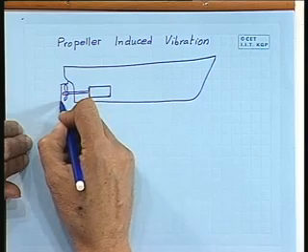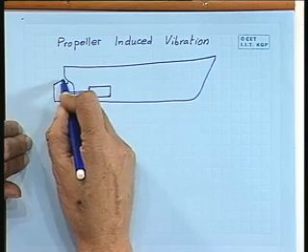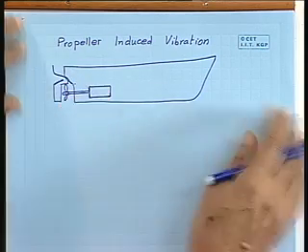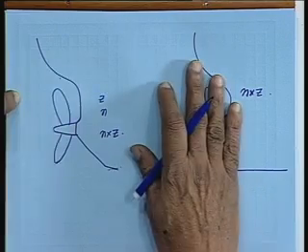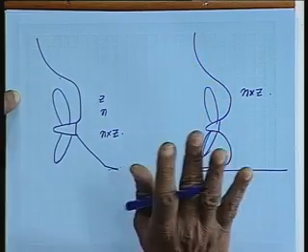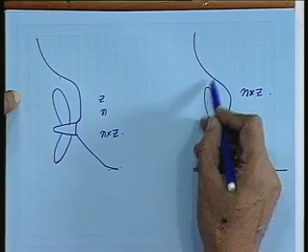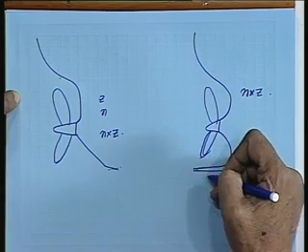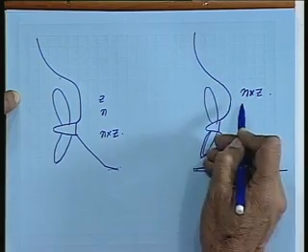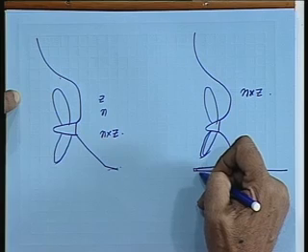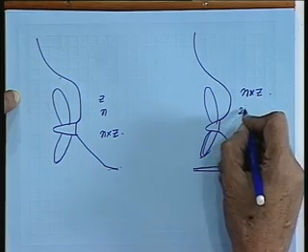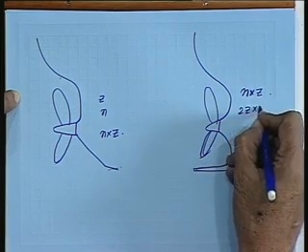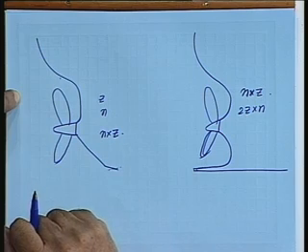I should have drawn the radar somewhere here. Anyway, if the number of blades is odd, then the one which comes here, there is no corresponding blade which is coming here, but when it passes, then another blade goes there. So here you have twice the z times n frequency.